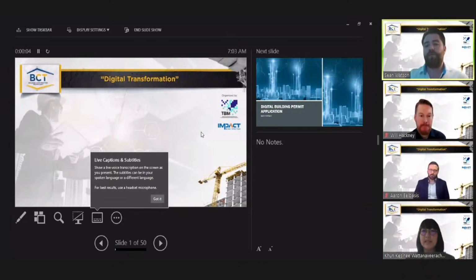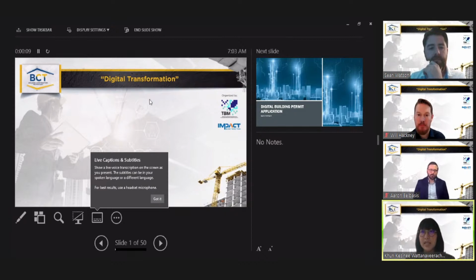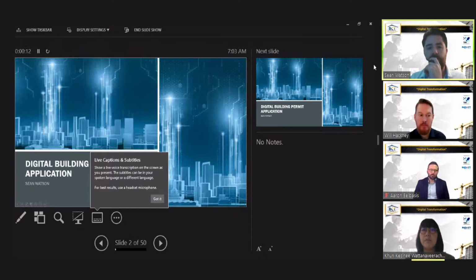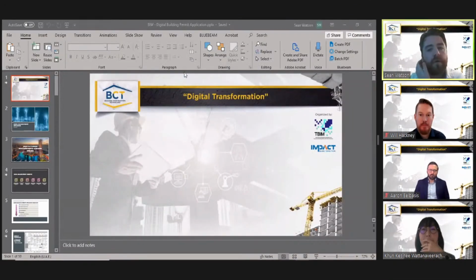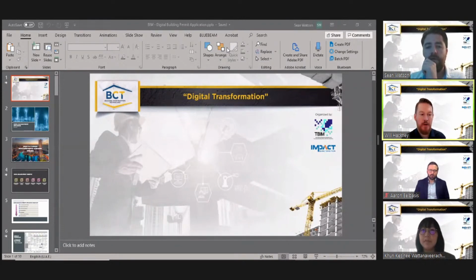So just let me know if you can see the presentation okay, please. Yes, I can see it clearly, but still not the main screen. Okay, sorry. I'm seeing your control screen at the moment. Yeah, Sean, if you just did the drop down on swap presenting screen, it should flip it. Say that again, please, Will. Pop into presentation mode.